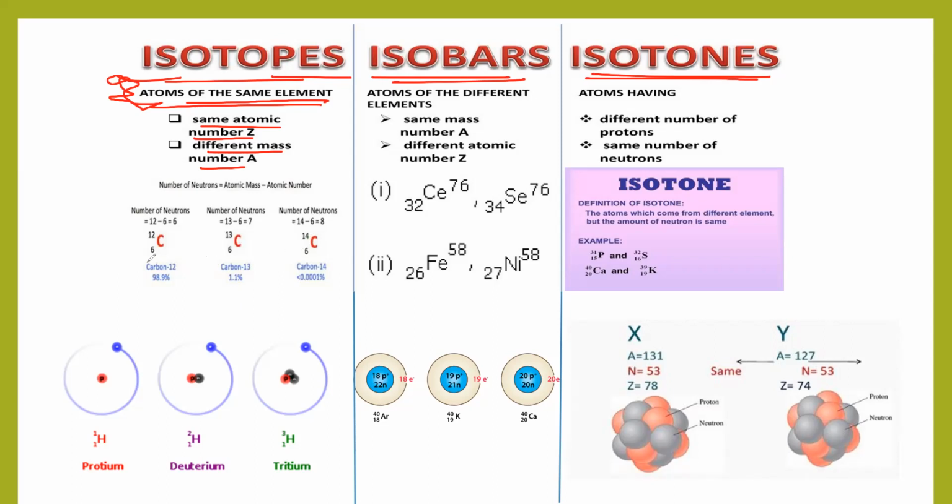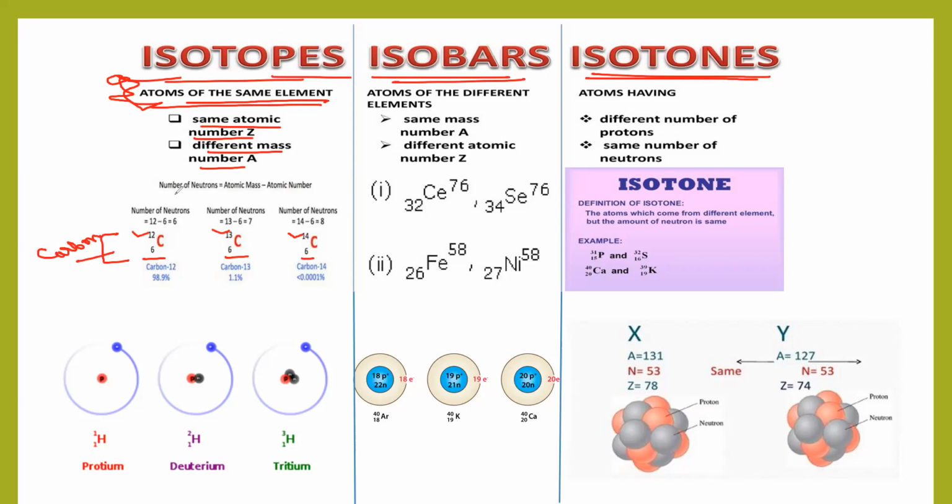So what's happening here? The number of protons is the same, but mass number is different: 12, 13, and 14. That's why these three are isotopes of carbon.